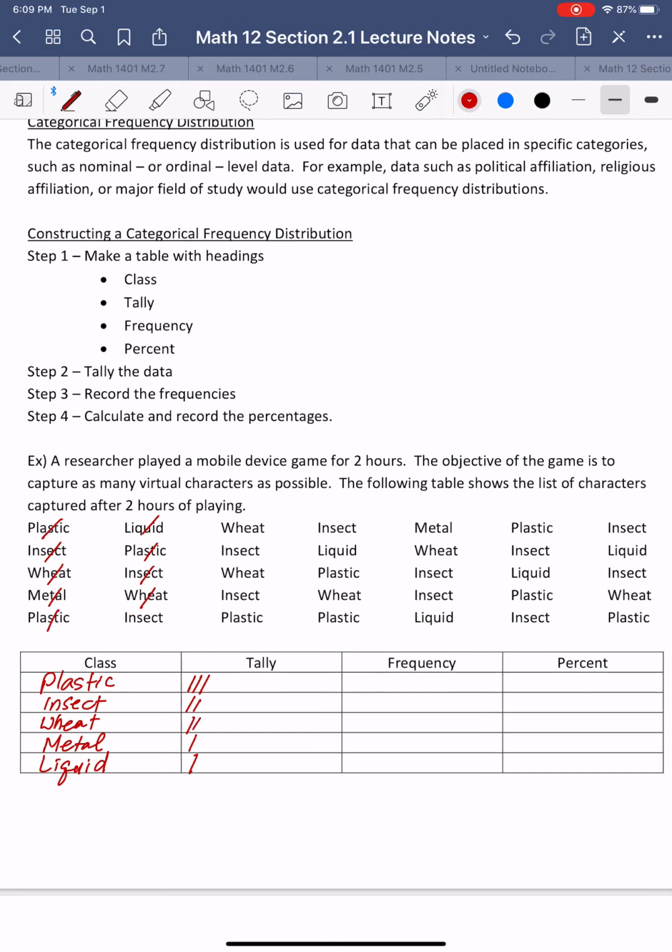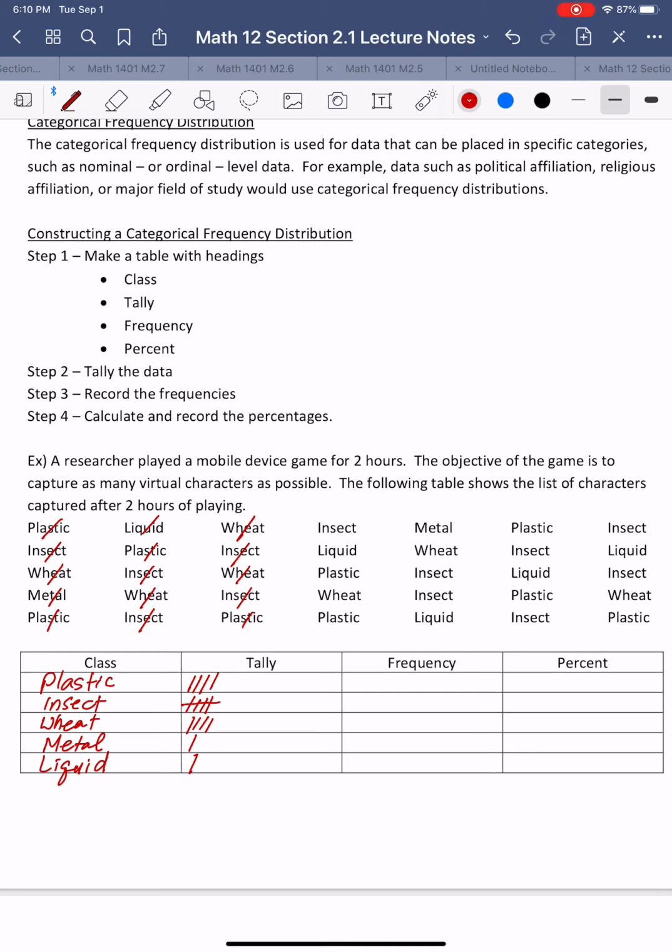wheat, insect, wheat, insect, and wheat, insect. Every bar I put is a tally mark.